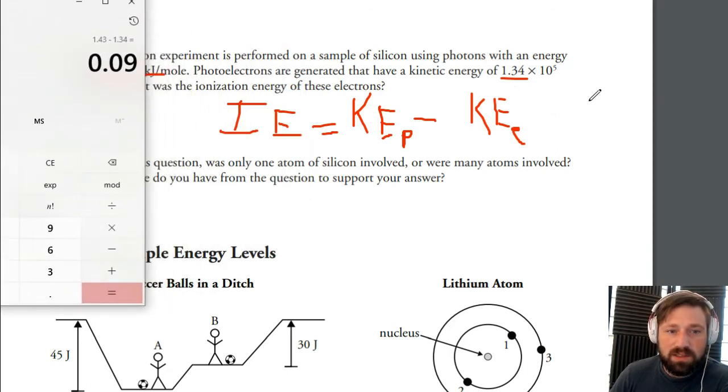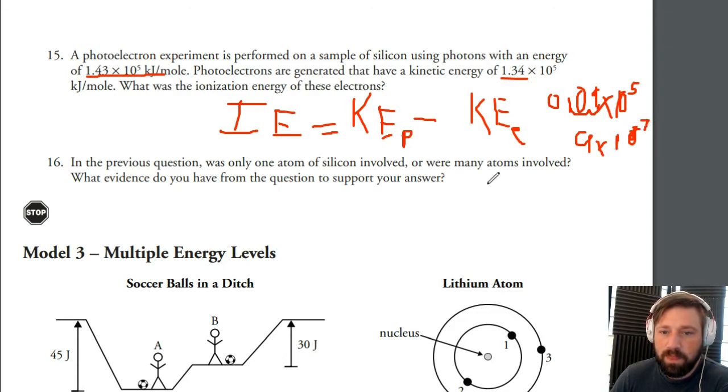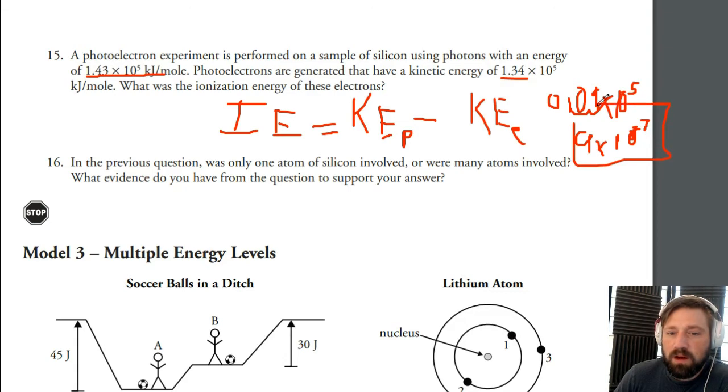So in that case, our ionization energy is going to be 0.09 times 10 to the fifth. I don't like that though. I'm going to bring this down a little bit more and say 9 times 10 to the 7. There we go. All right, that is going to be our ionization energy.